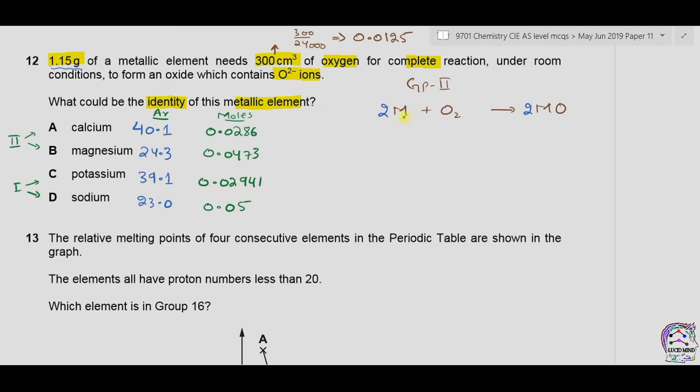So the ratio between the metal of group 2 and oxygen is 2:1. Now the number of moles calculated for oxygen is 0.0125. So the number of moles of M that would react would be X. Now finding the value of X, we can cross multiply.